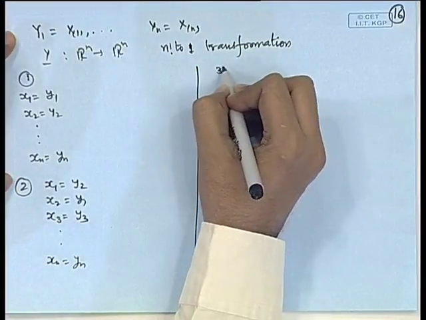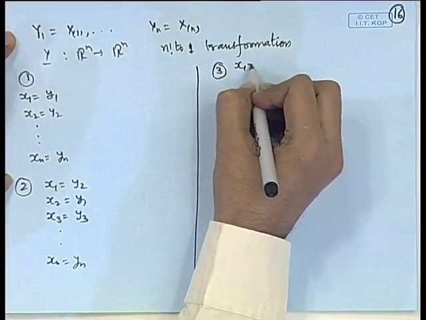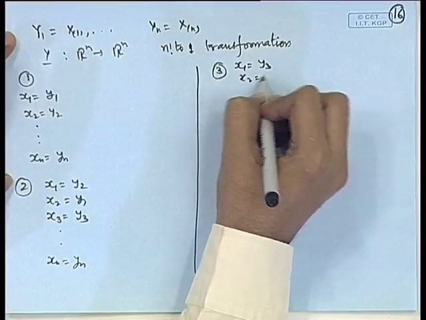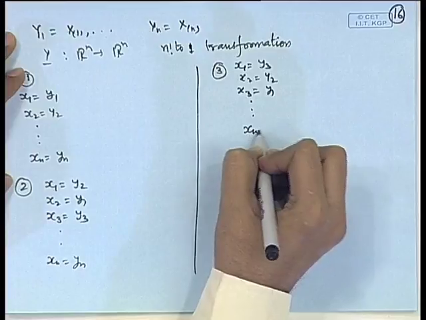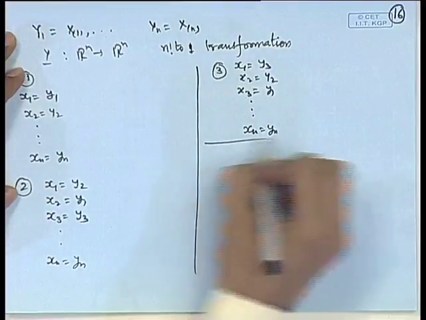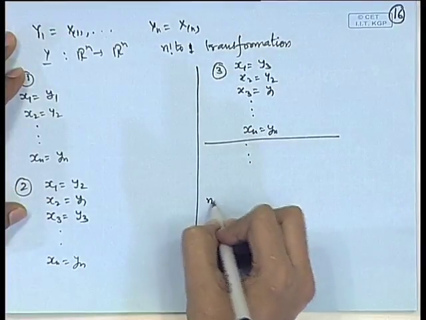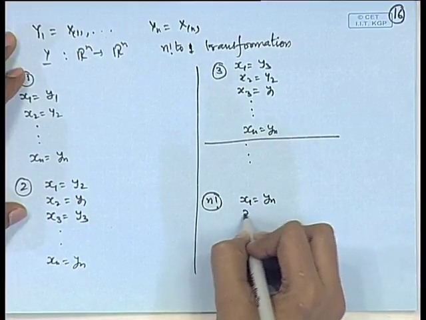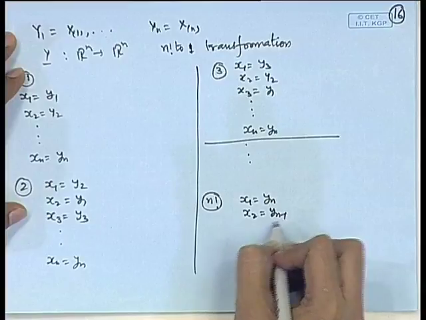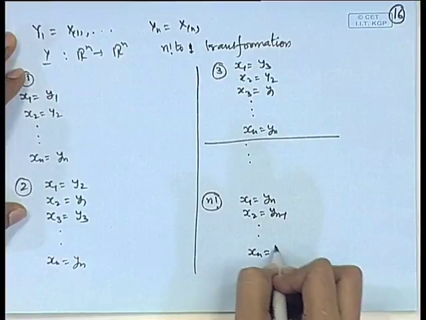In the region 3, it may be x 1 is equal to, say, y 3, x 2 is equal to y 2, x 3 is equal to y 1 and so on, x n is equal to y n and so on. In the n factorialth region, we may have x 1 is equal to, say, y n, x 2 is equal to y n minus 1 and so on, x n is equal to y 1.